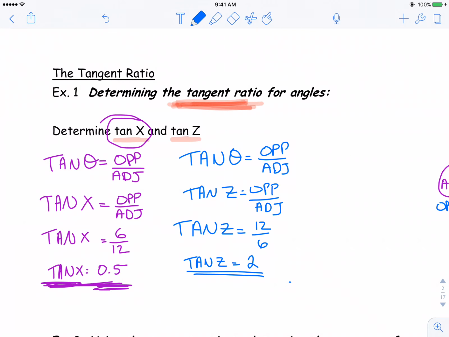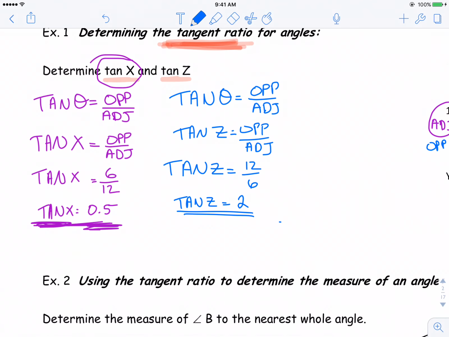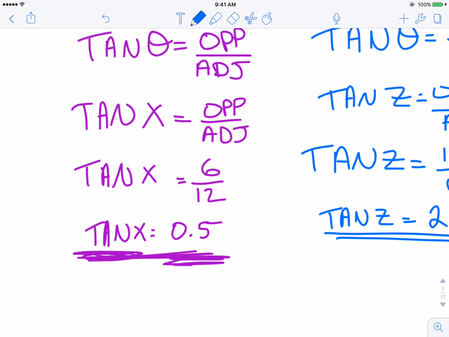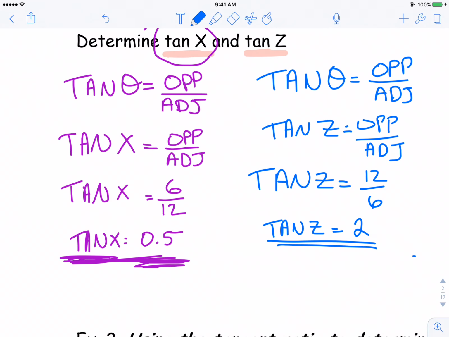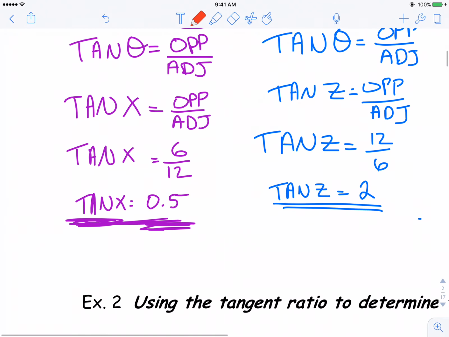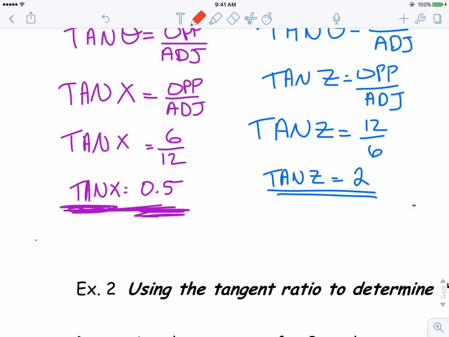I'll come back in the next video with the second step on calculating angles. Actually, you know what? I'm going to calculate the angles with this question because it goes too fast. Now that I've found the ratio, I'm going to extend this question and calculate what angle x is.